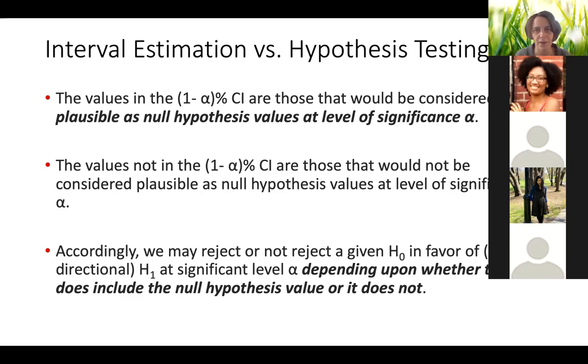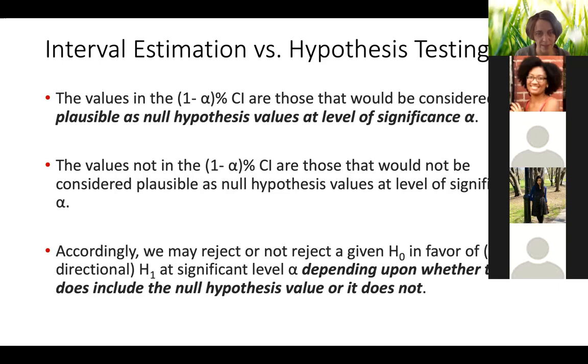Everything that's in this interval we would consider a plausible value under the null hypothesis. That would lead to the reverse conclusion that values that are not in this confidence interval are not considered plausible as null hypothesis values.